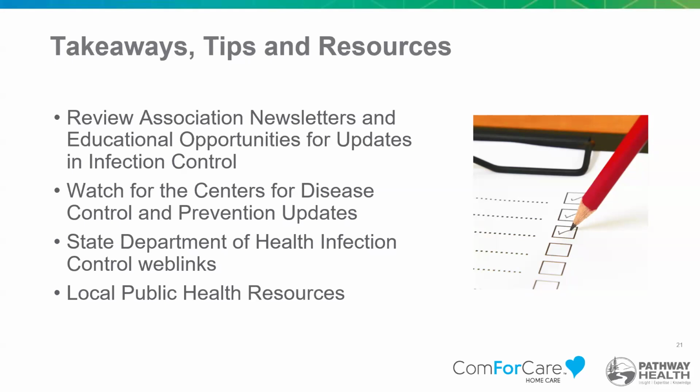And so we want to review any association newsletters, because they also provide us with some really good information as well as educational opportunities, because they will give you updates on infection prevention and control. Many times they'll even give you a heads up on what is new or what is coming around the bend, what they're expecting to be seen. So that's one of the areas that you want to keep a good eye on.